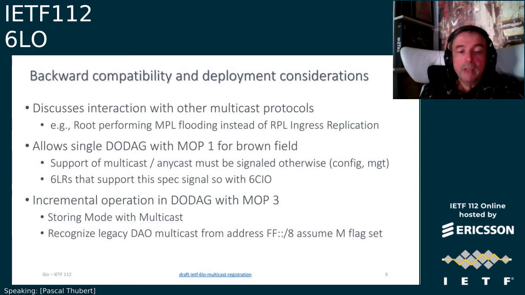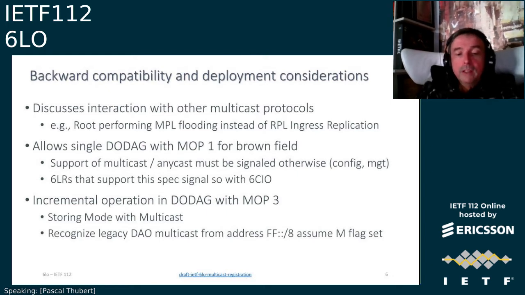What we say is, yes, you can deploy this specification in a brownfield with MOP1, but the devices will have to know whether a 6LR supports this specification or not, and only send multicast registration to 6LRs which understand it. So we added a flag in the 6CIO, the capability option, to indicate that the 6LR supports this specification. And there is also some text in case the 6LBR does not support it.